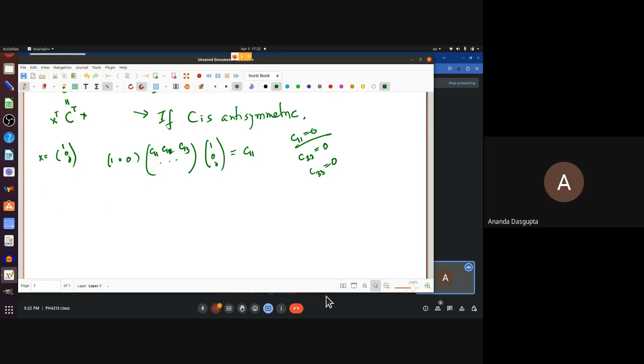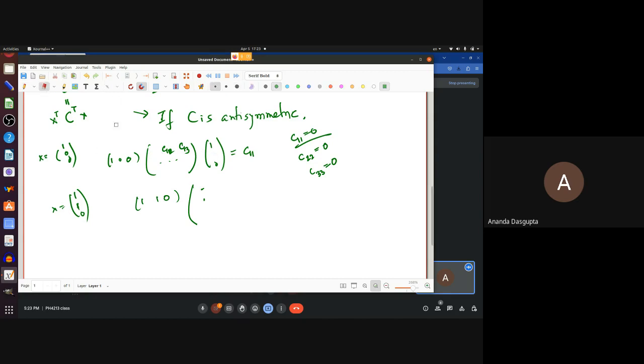So what would you choose? A very simple option: just choose 1, 1, 0 and check. If it's 1, 1, 0, you need this element and this element after the multiplication; you don't bother about this one.